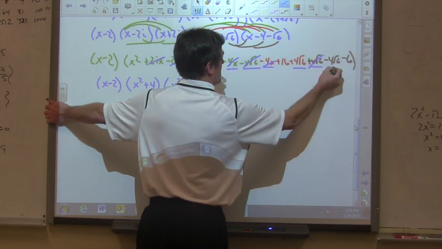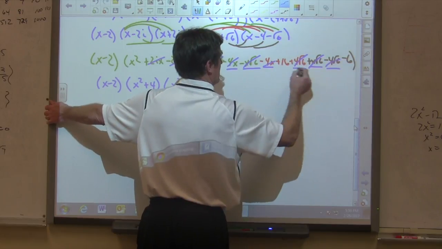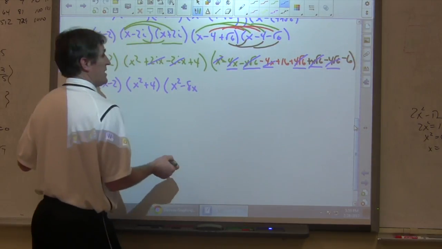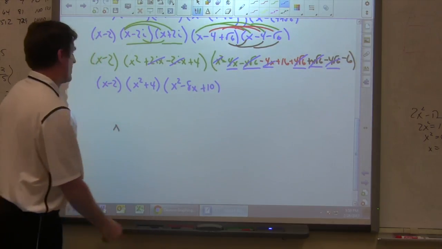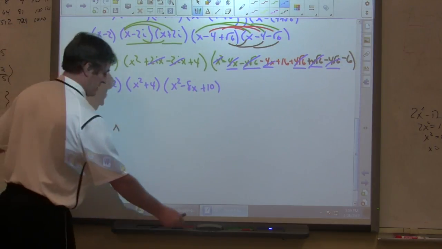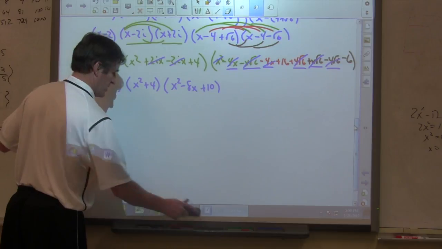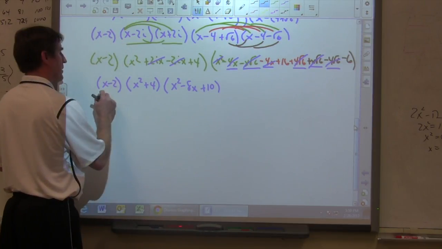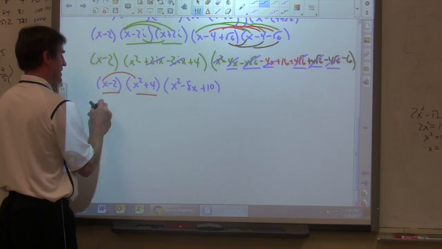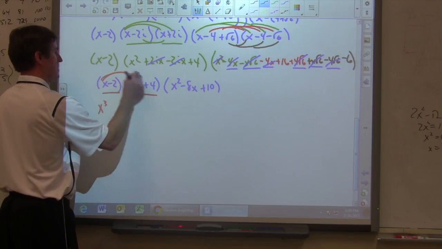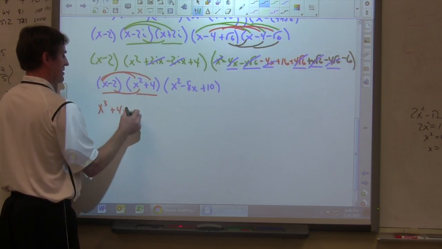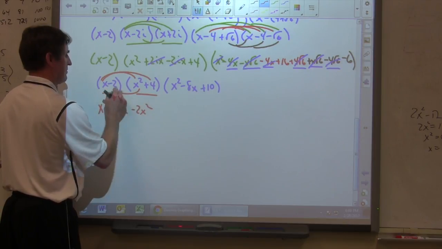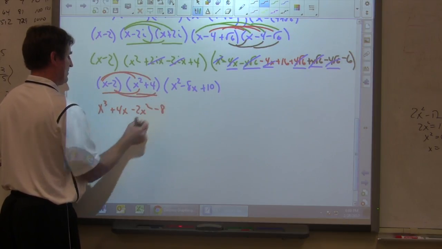And the 4 square root of 6 and the negative 4 square root of 6 cancel. 16 minus 6 is 10. And so now what I have to do is multiply these two together. X cubed plus 4x minus 2x squared minus 8.